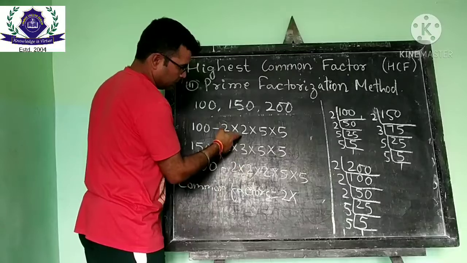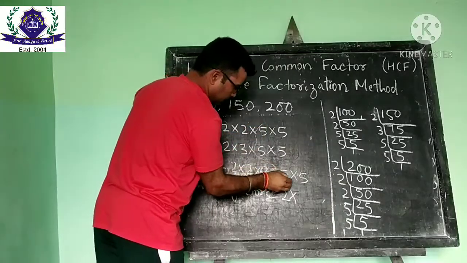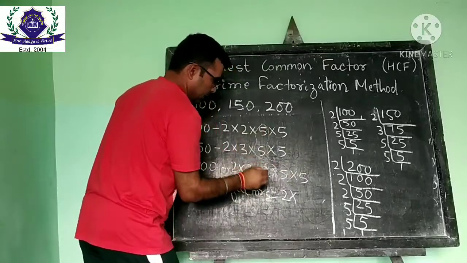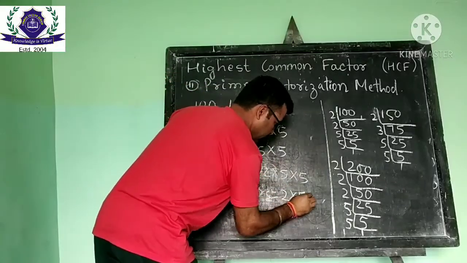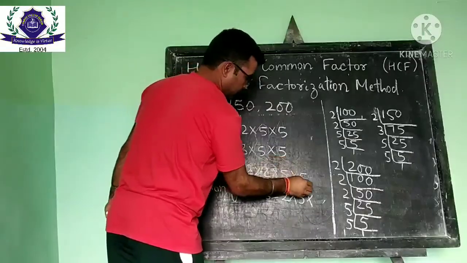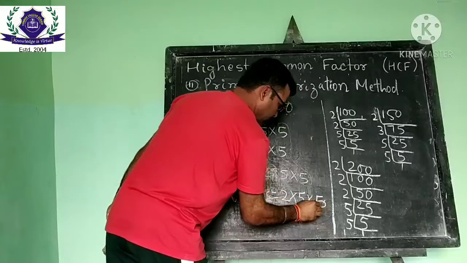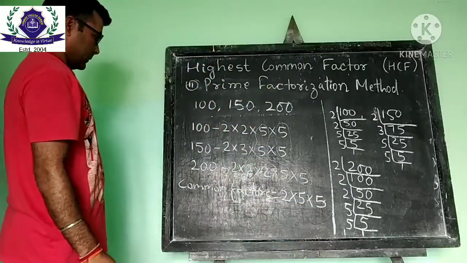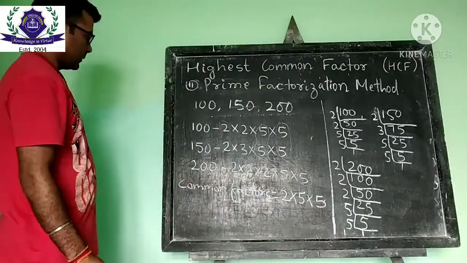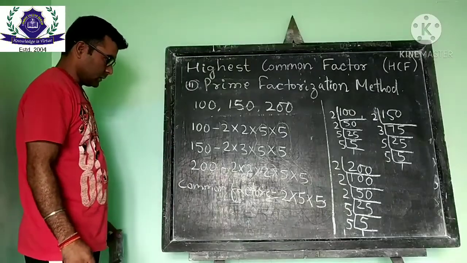So these are not common. Here 5 is common. This 5 and this 5 is common here. So next is 5, again the last 5 is common here. So these are the common prime numbers, or common factors of all these numbers: 100, 150 and 200.